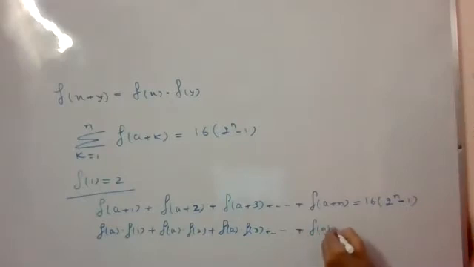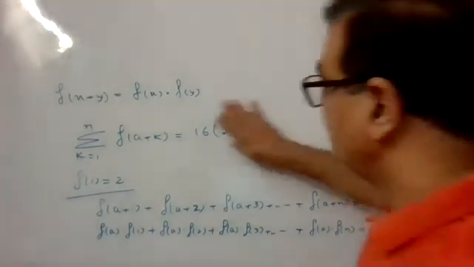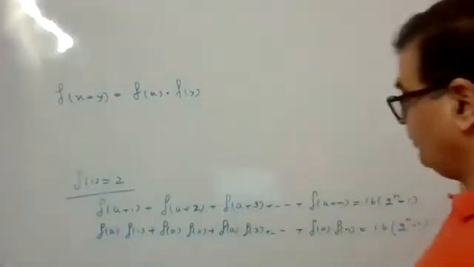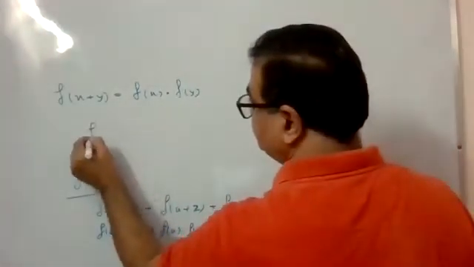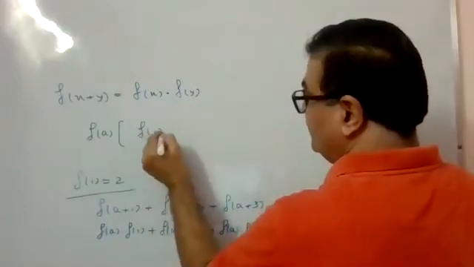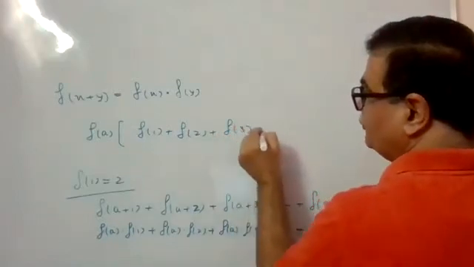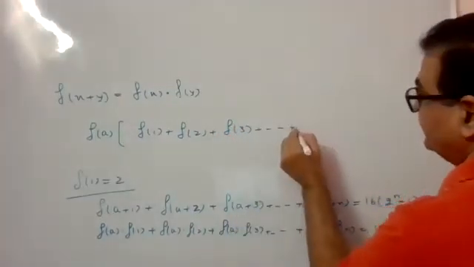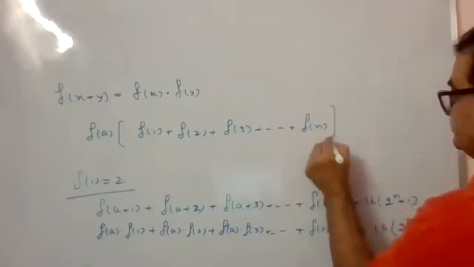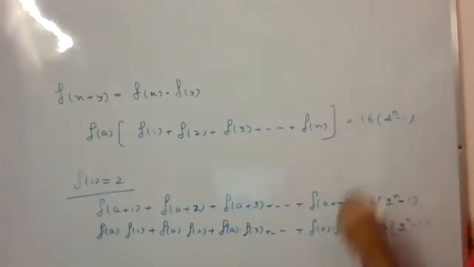The last is f a into f n, which comes out to be 16 into 2 power n minus 1. f a will be common. What is left is f of 1 plus f of 2 plus f of 3 till f of n. This is coming 16 into 2 power n minus 1.